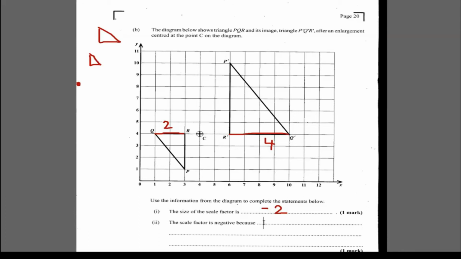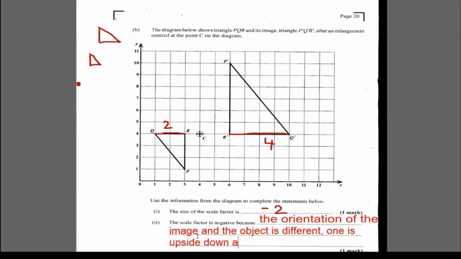So you can say the orientation of the image and the object is different, one is upside down and one is right side up. So clearly the scale factor is negative.